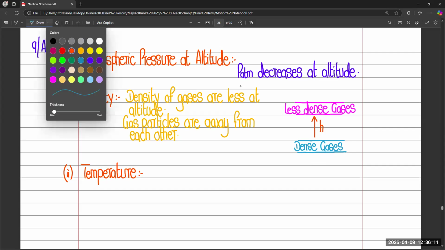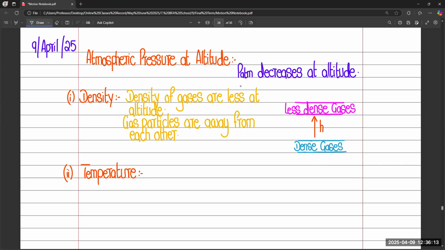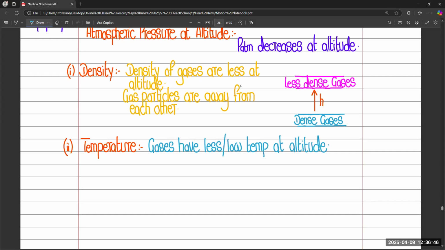The concept of temperature can be explained like this: gases have low temperature at altitude.